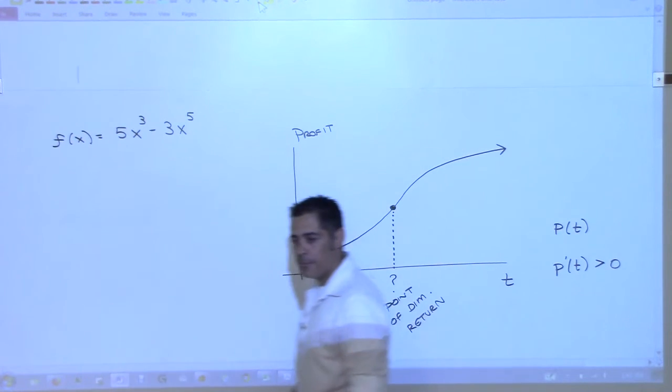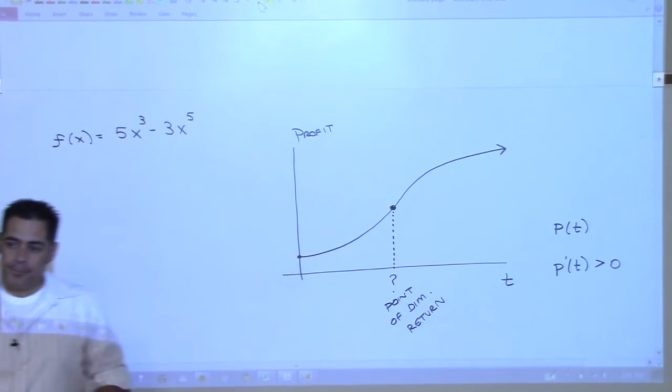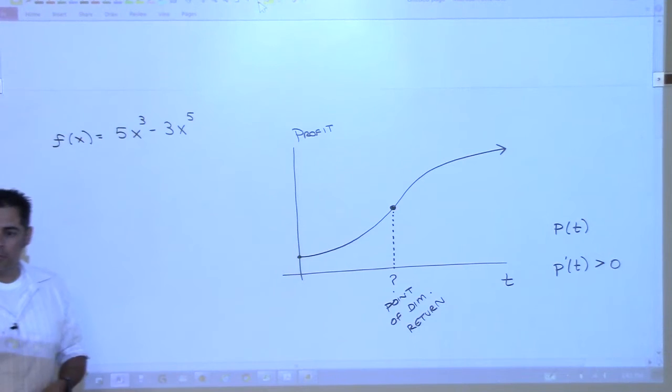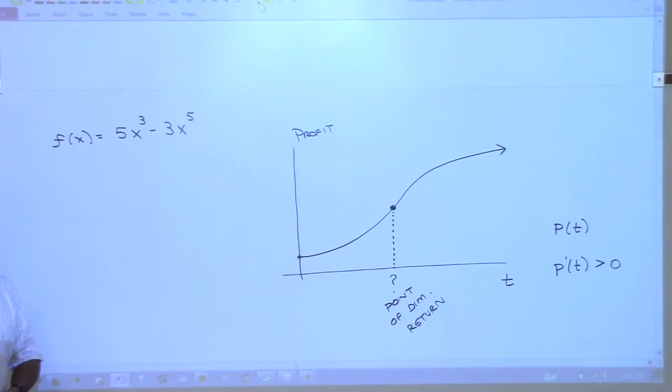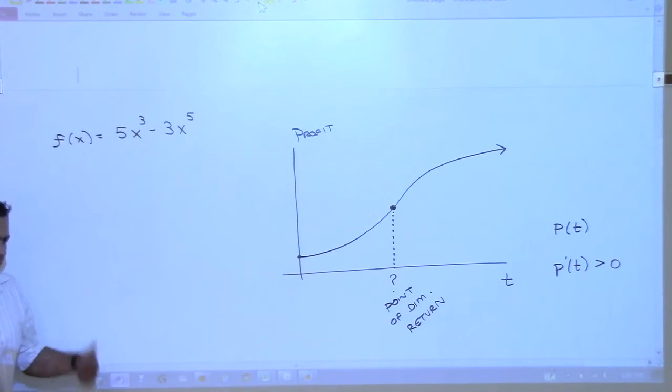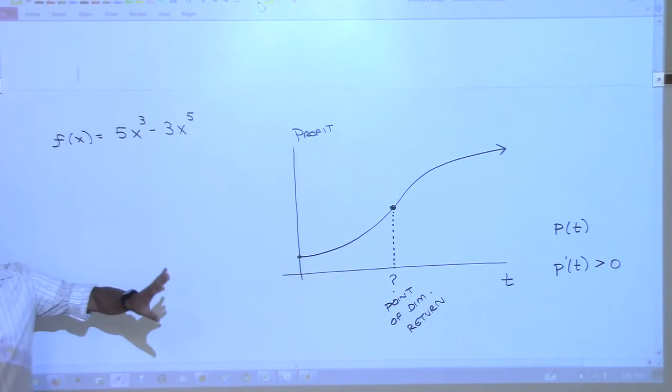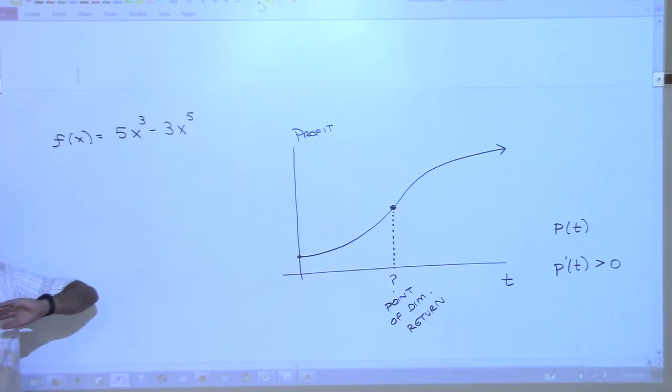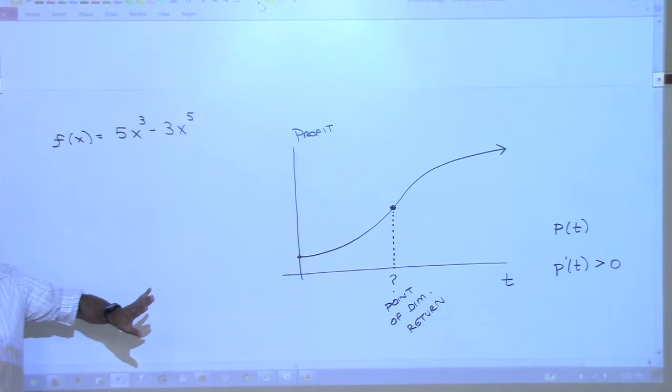Yes? So in business calculus, do they have a faster way of finding that point? No, in a business calculus class, the main difference between a business calculus class and this class is, first of all, they don't spend a lot of time on limits. They do it, but not a whole lot. And they stay completely away from trig functions.